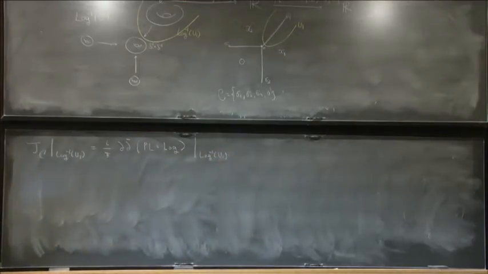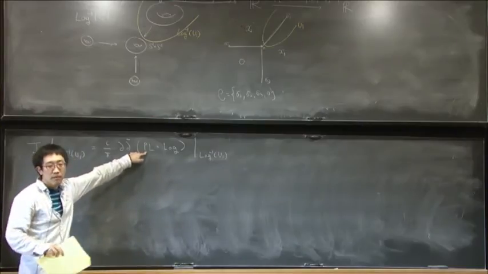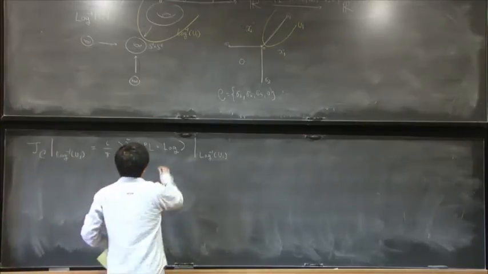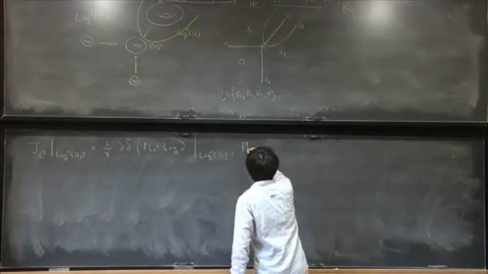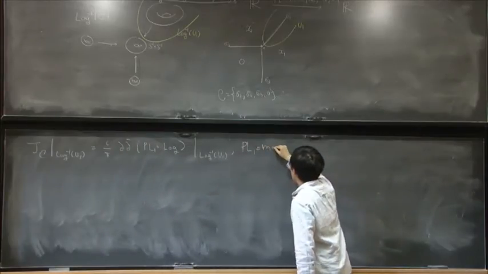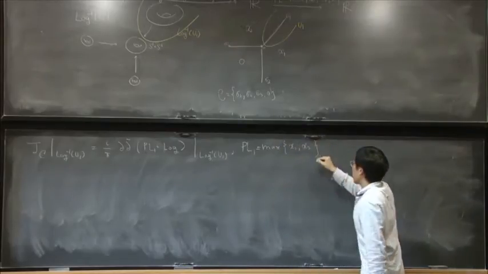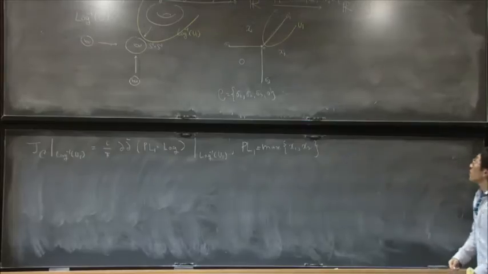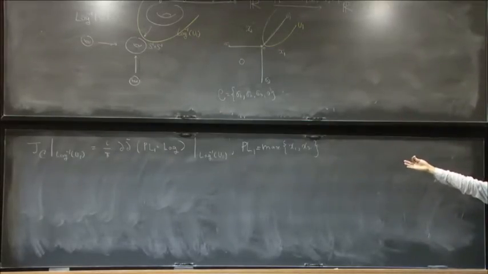But now there's something new. Now I can replace this piecewise linear function PL by another piecewise linear function PL1, where PL1 is simply the max of x1 and x2. And I don't have 0 here, because locally around all those points, PL is PL1.